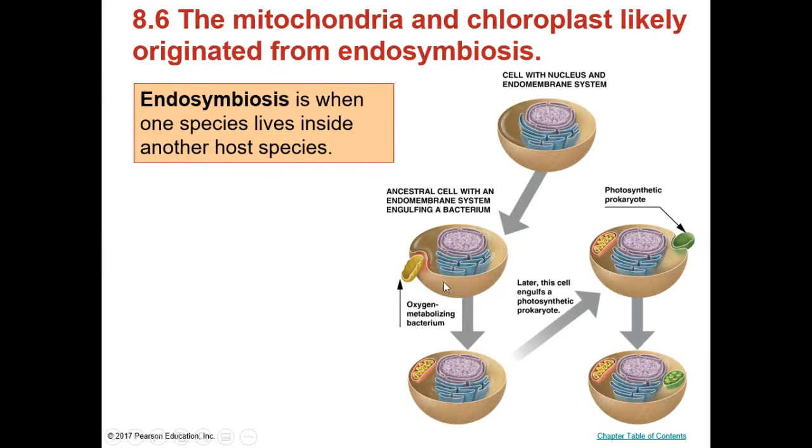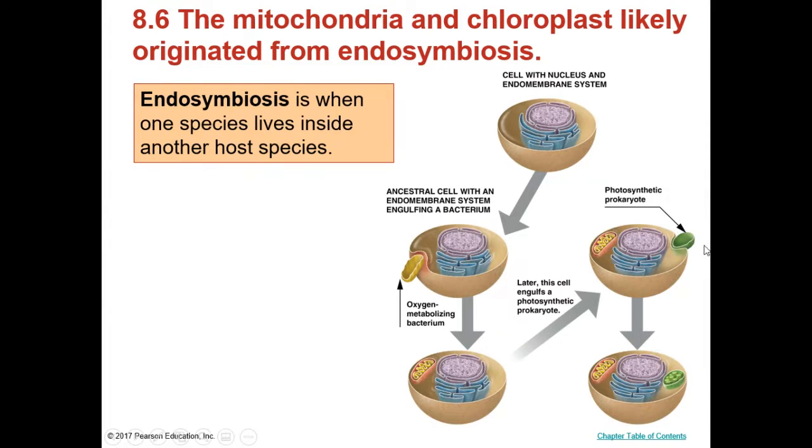The prokaryotic ancestor provided shelter to this oxygen metabolizing bacteria, and then the mitochondria provided ATP. Wasn't that a mutualistic relationship? Same thing with the chloroplast.